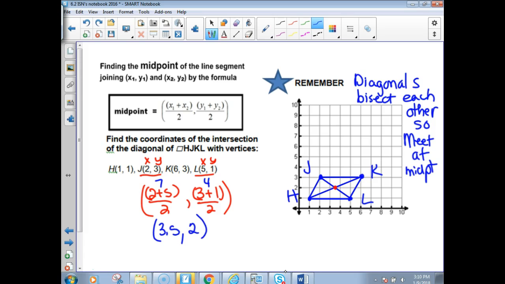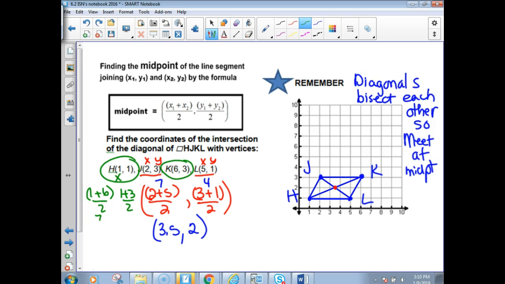Now to verify it, say you want to prove that this thing's a parallelogram, you can take the other two and see if you get the same midpoint. So if I found the midpoint of HK, I would do 1 plus 6 divided by 2, and 1 plus 3 divided by 2, and guess what?